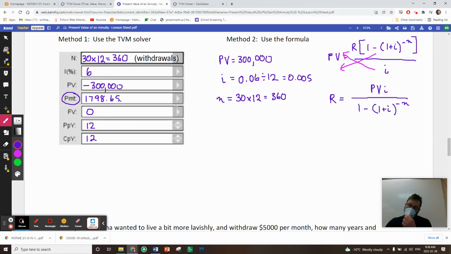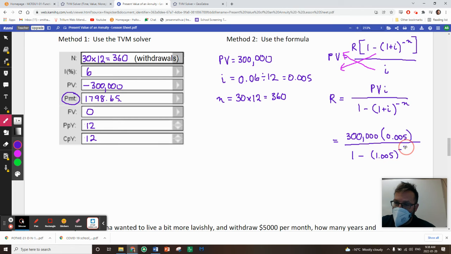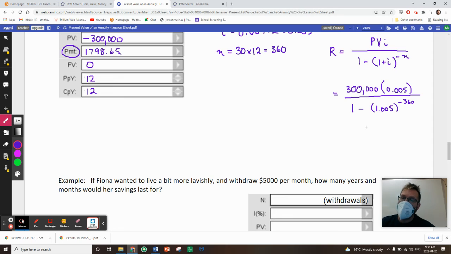We know what the answer is, so we should get the same thing. 300,000 times 0.005 divided by 1 minus 1.005 to the power of negative 360. Can be done all at once, but for those of you who are doing things in multiple steps, I'll suffer along with you.